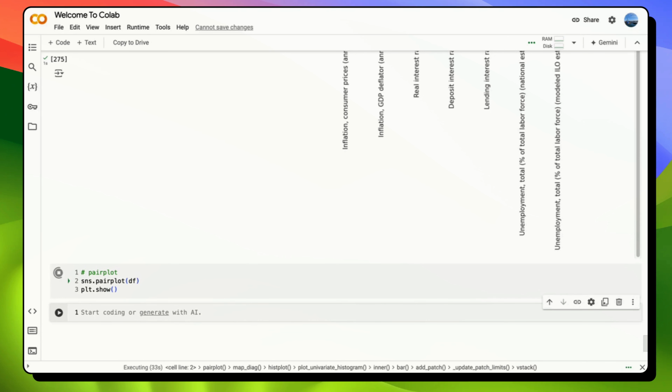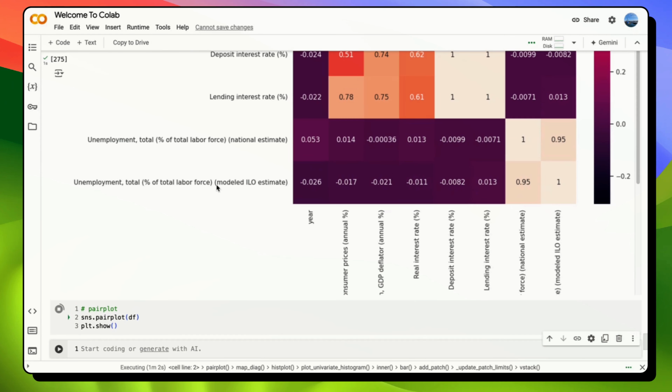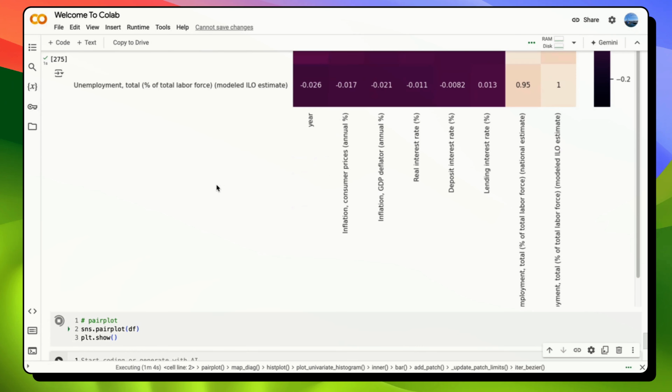It is going to take a minute for Google Colab to show us a pair plot.